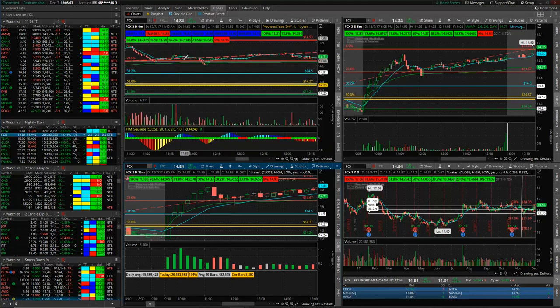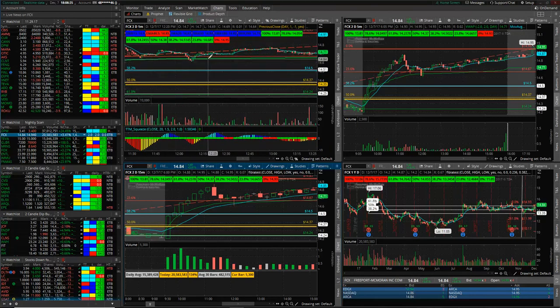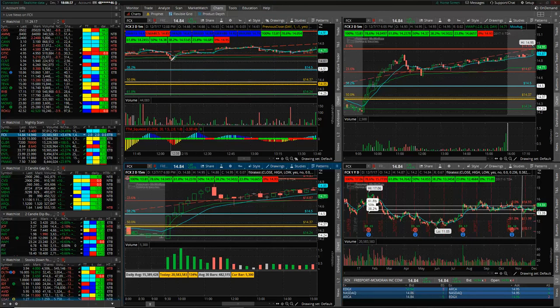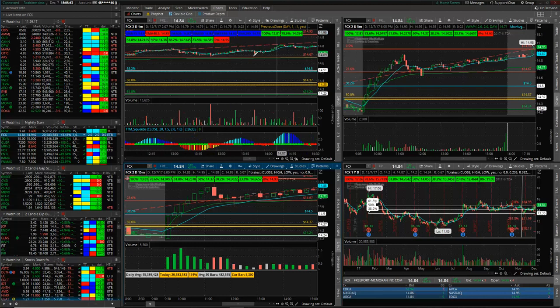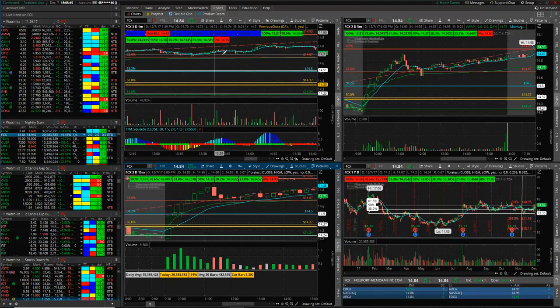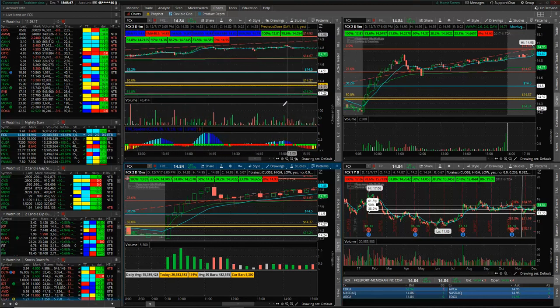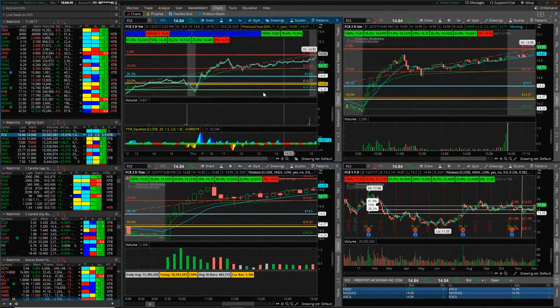For a few seconds it dipped below the 23% mark, but once it gets above that, it holds all day, never got back to it. You can see it's on this upward trend, picked up steam, and now it's at 1495.